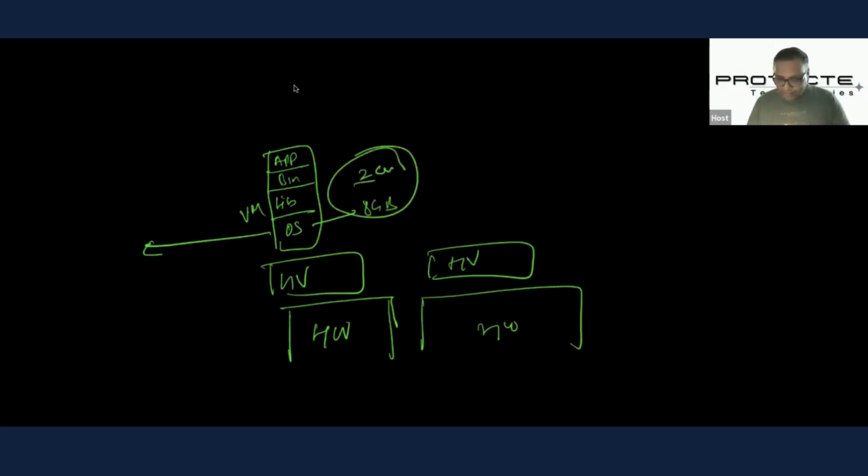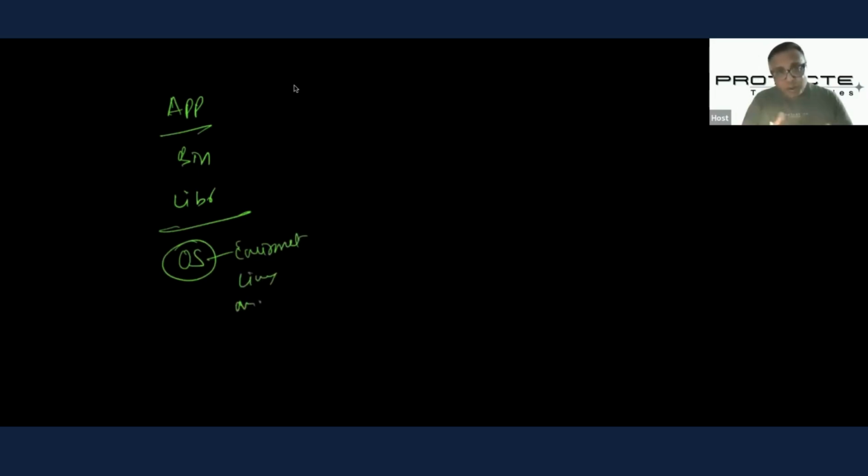Why do we need so much infrastructure just to run one small application? If this is your application, it needs binaries, libraries, and a certain portion of the operating system environment, Linux based or Windows based. Why do you need the whole OS? Let's generate this environment only for you.